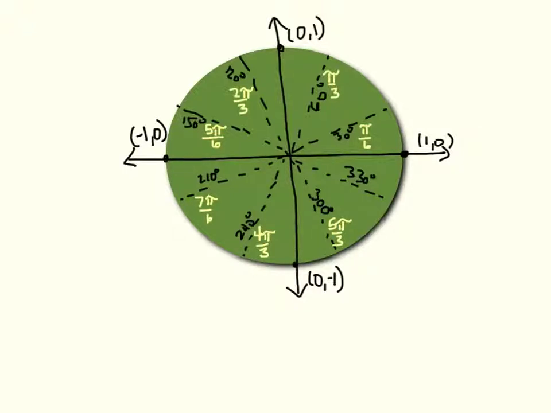And then 11 pi over 6. All the way back to 12 pi over 6, which would be 2 pi, going all the way around.